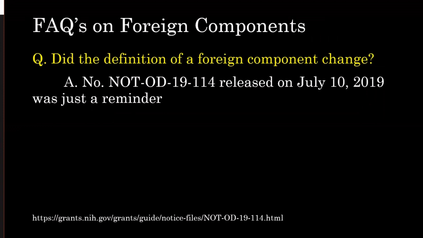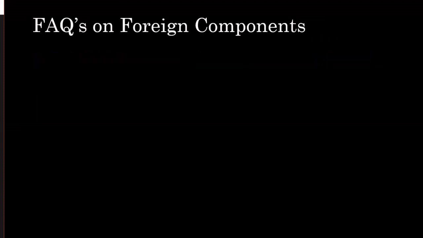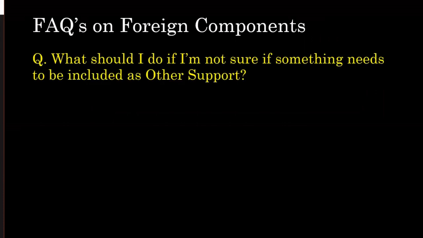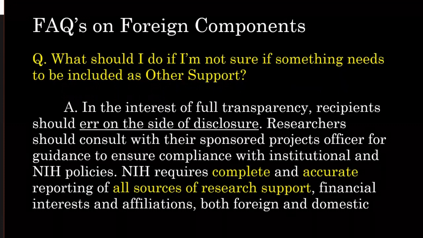So their instructions for the application didn't match their policy. That's why they're bringing it back together, and it means all. So all disclosures have to happen. The policy has not changed. It's just being reiterated and enforced.